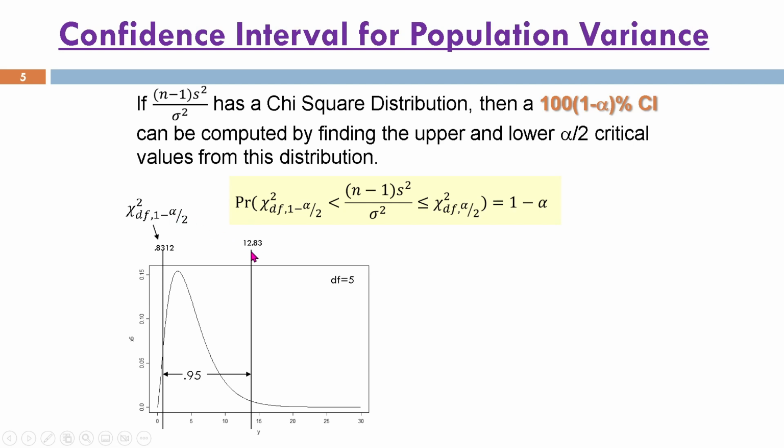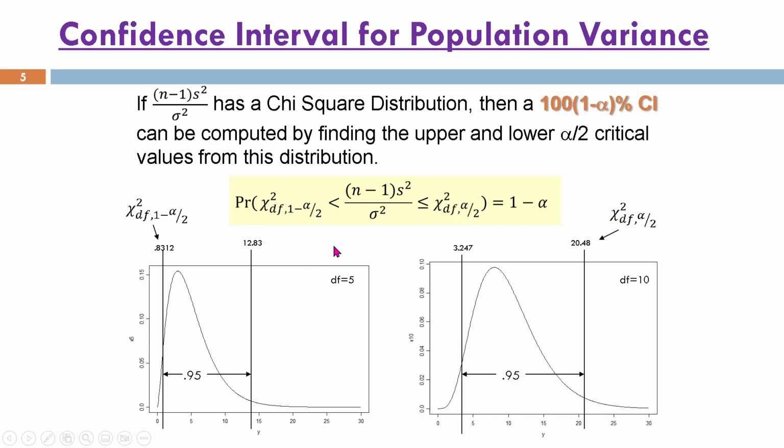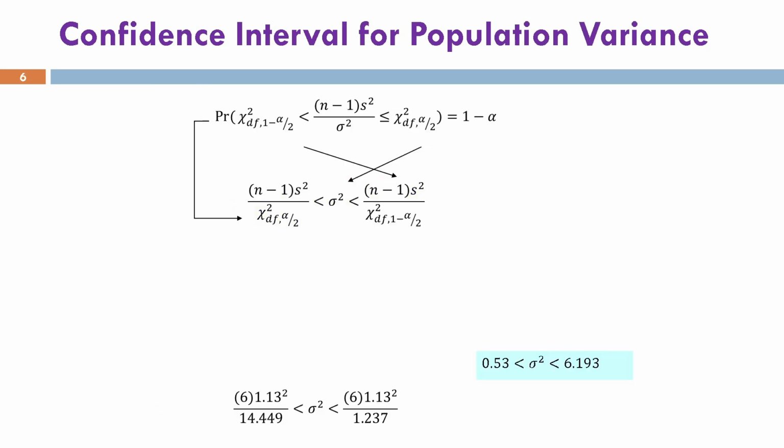The upper confidence limit will be chi-squared df alpha over 2. And then to get the confidence interval for population variance, we swap like this here.